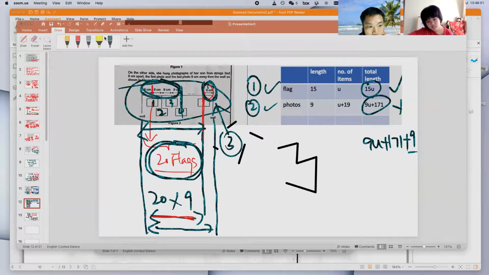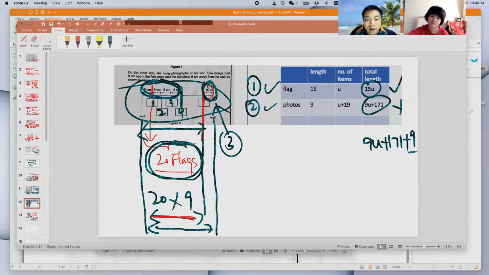So that's why I agree with you. 3, this concept, we miss out the 9 cm. This part is hard because, like I say, this part is to differentiate the really good students from the good students. Okay, so how do we make sure that we don't miss out the 9? Okay, add in last minute.